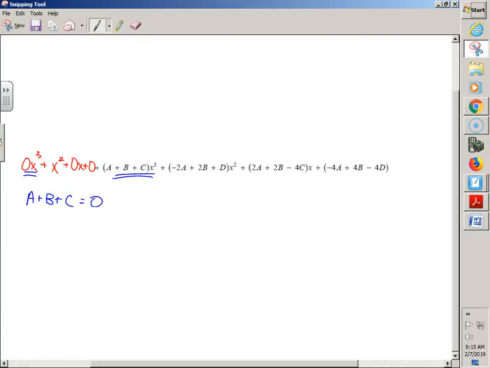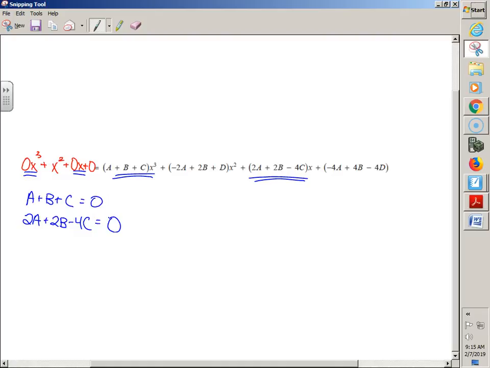I'm going to go see if there are any other a, b, c ones. Here we go. And I'm going to steal him too. So a and b and c had to combine to be the x term, which would also be 0 again. So 2a plus 2b minus 4c is equal to 0. And the reason, Austin, I'm stealing these is because out of all of them, they're the only two that have a c.